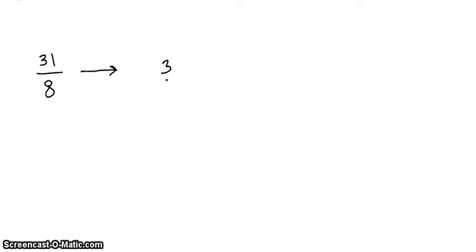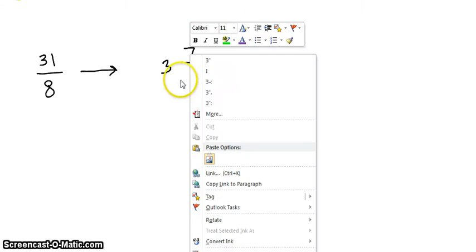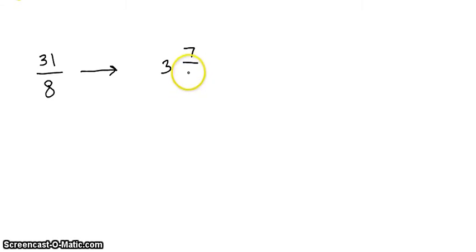So 24 to 31, 25, 26, 27, 28, 29, 30, 31. You can count them on your fingers, or you can look at the difference between 24 and 31. 24 to 30 is 6, add 1 is 7. And we say that there are 3 wholes and 7/8 left over.